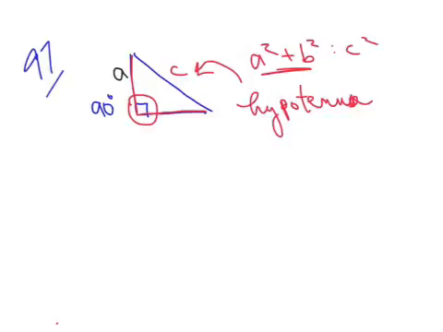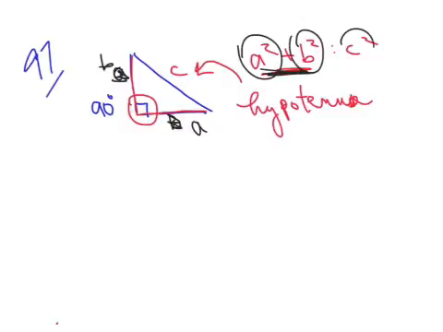The other two sides, A and B, it doesn't matter which you call A and which you call B. What it's saying is, if we take the length of one side and square it, the length of another side and square it, and add them together, we will get c squared.